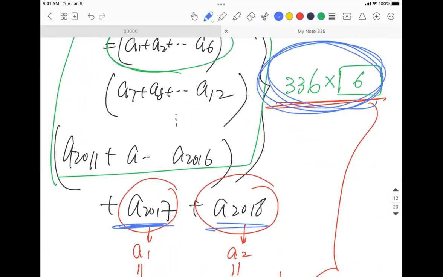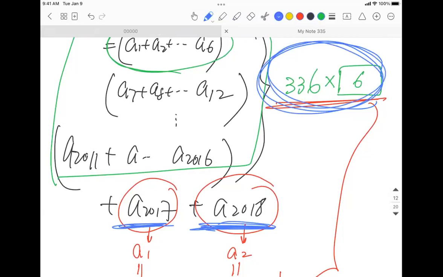You just have to figure out the last 2 terms, the leftovers, and you'll be able to solve the problem fairly quickly. So far, so good? Perfect. You see, finding a pattern is always important. You're going to use the pattern to solve all the problems.